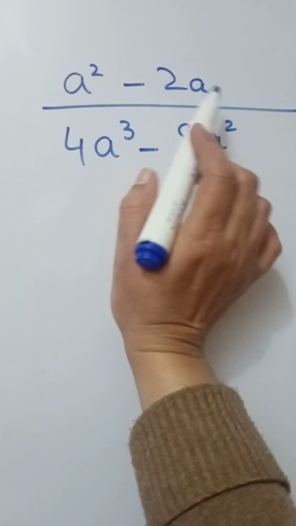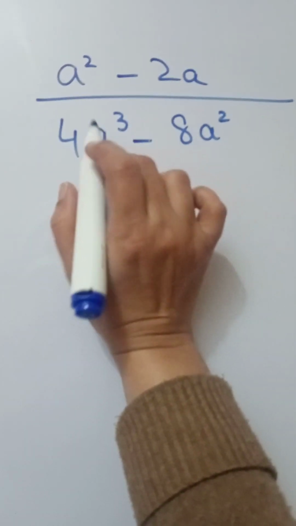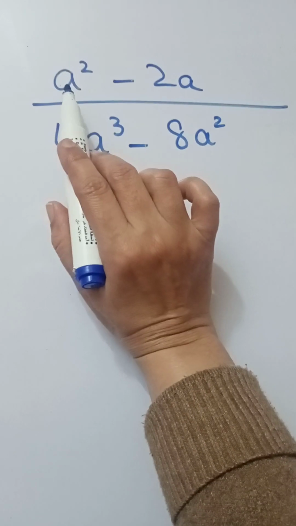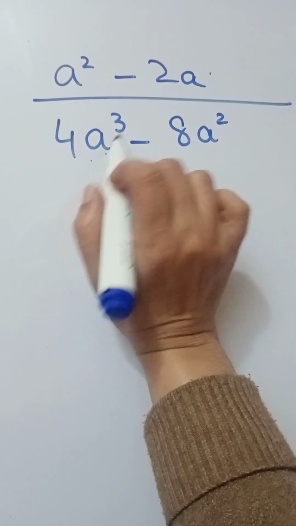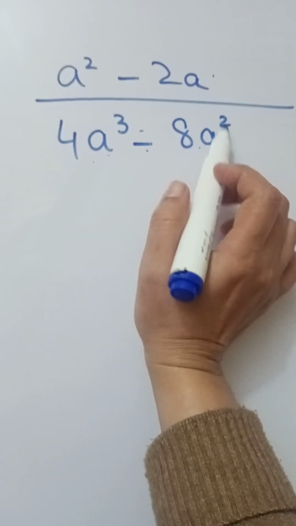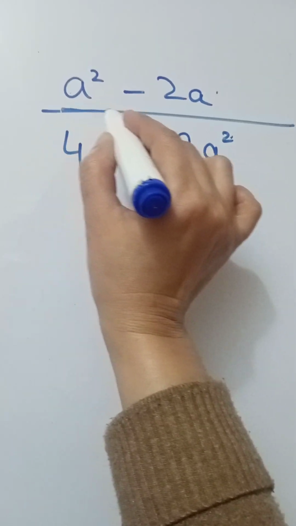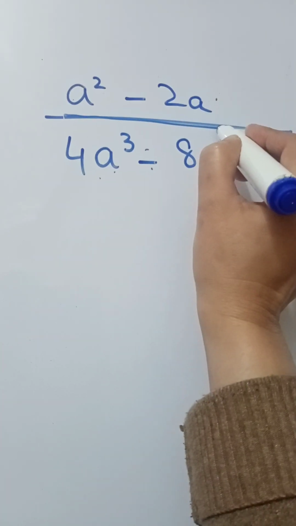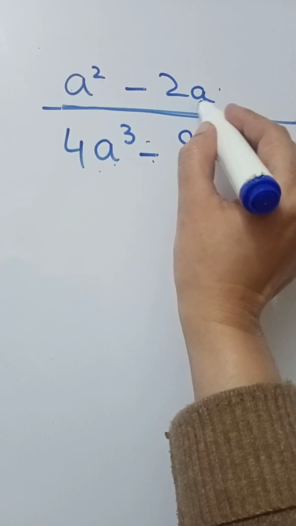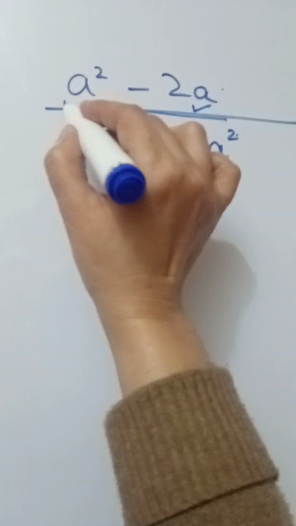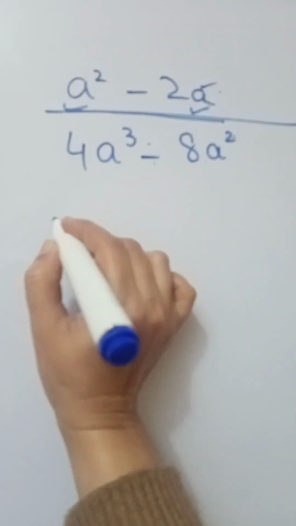In these kinds of questions, whenever we have no formula, here we have a square minus 2a upon 4a cube minus 8a square. First of all, we have to look at these terms carefully. Is there a common factor or not? Here we can see a is common, and which one is lower? a.